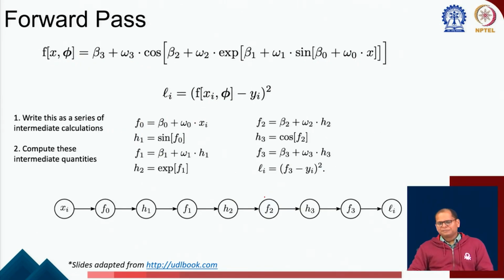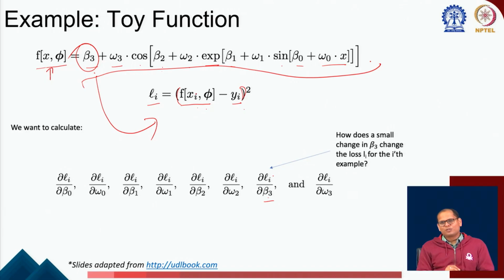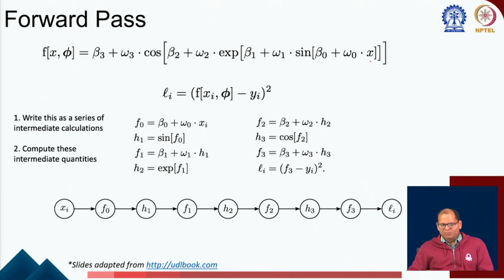For that, what we typically do is write this as a series of intermediate calculations, so that I do not have to directly take a derivative of the entire expression, because that will be cumbersome and also error prone, and we will be doing certain things again and again. So, we want to make it modular. Let us write it in terms of simple modules. So, beta naught plus w naught x is my f naught.